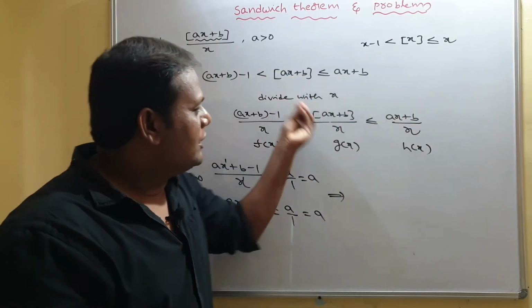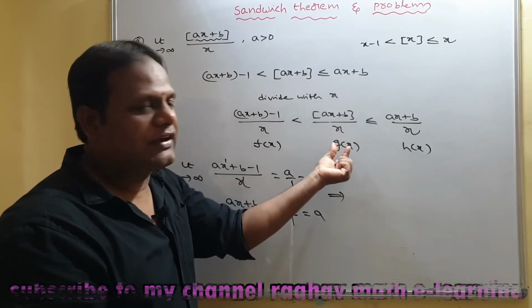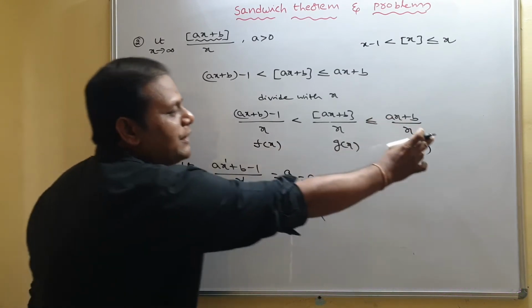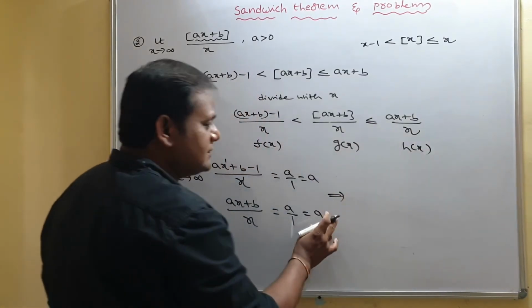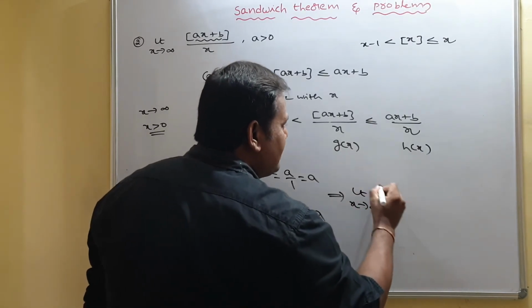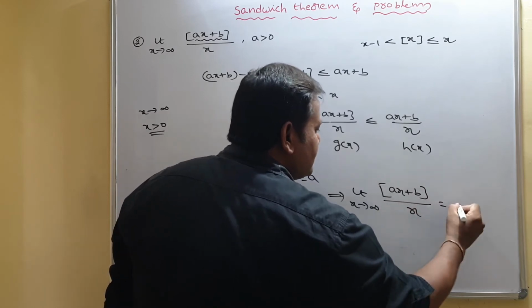So the limit as x tends to infinity of the middle function, that is the required function, is equal to a.